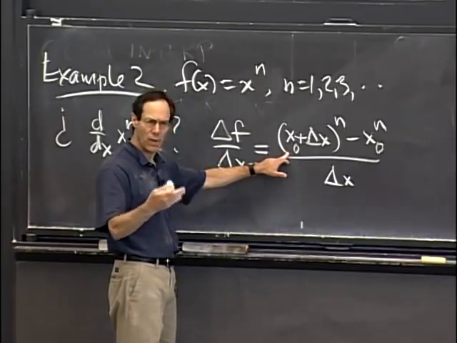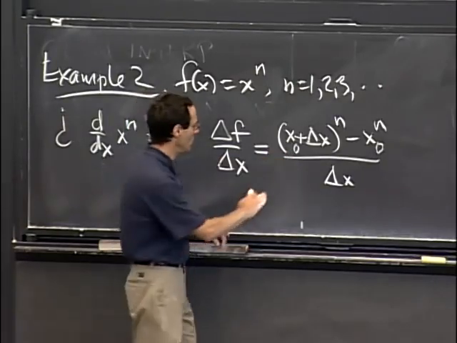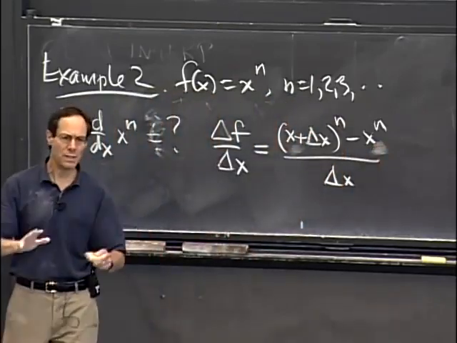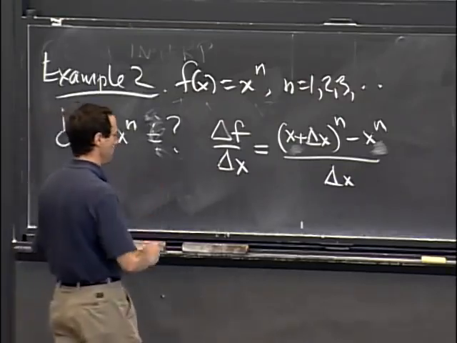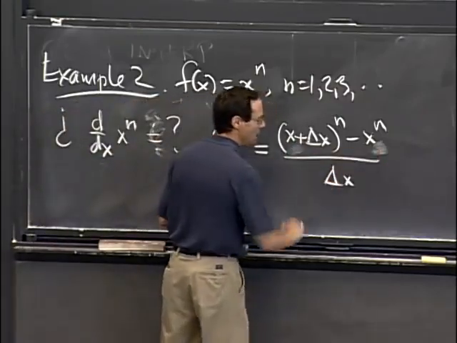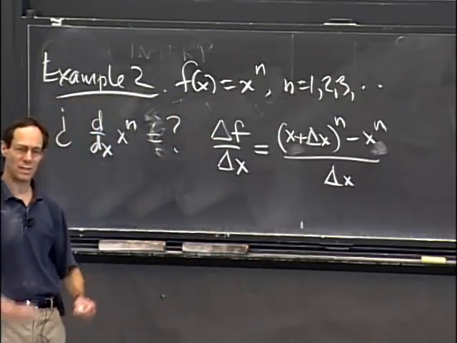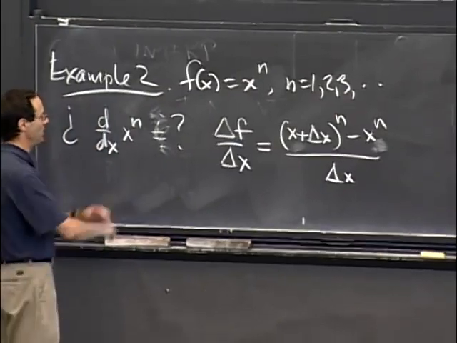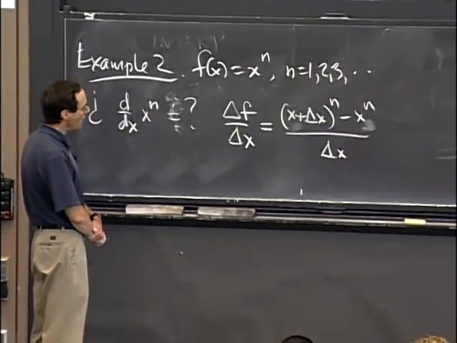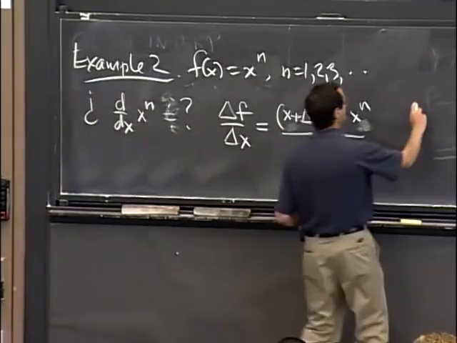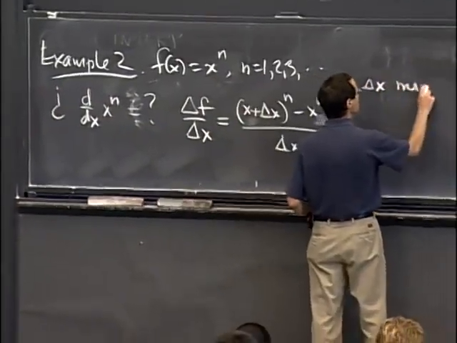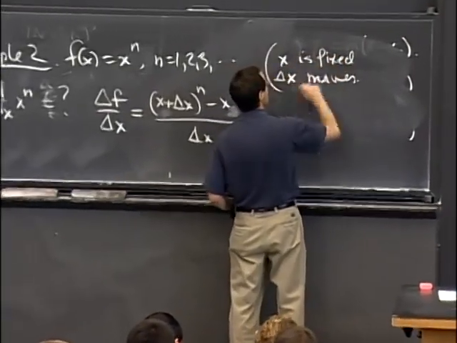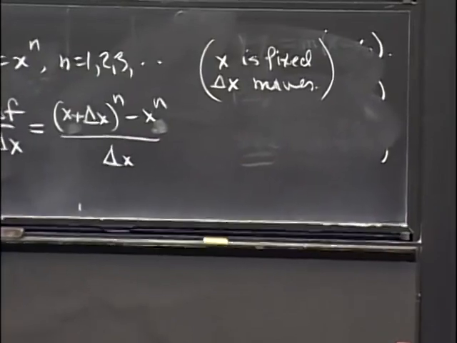I don't have an x floating around which means something different from the x0. And I just don't want to have to keep on writing all those symbols. It's a waste of blackboard energy. I've already filled up so many blackboards, plus I'm trying to conserve chalk. Okay, anyway, no zeros. So think of x as fixed. Again, in this case, delta x moves and x is fixed in this calculation.